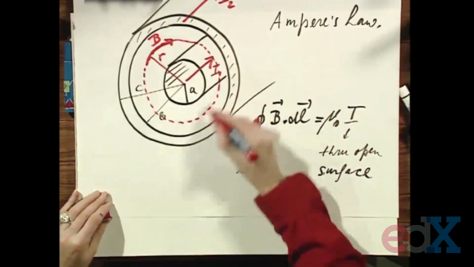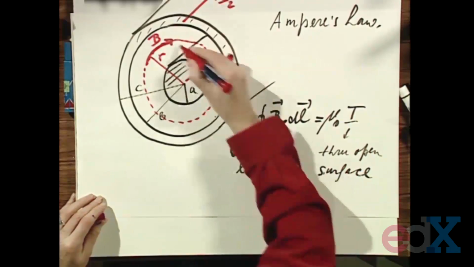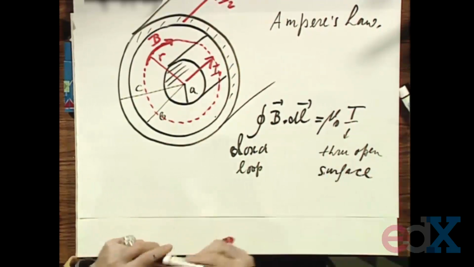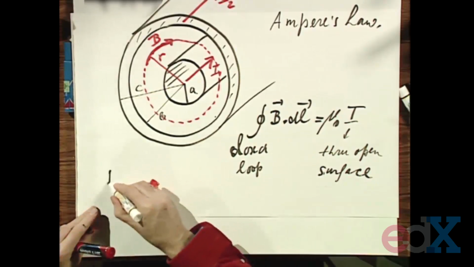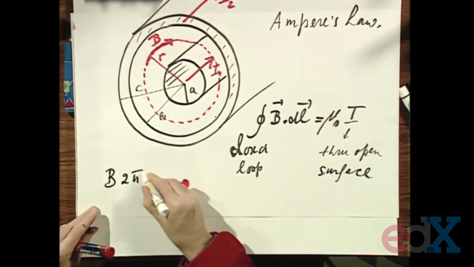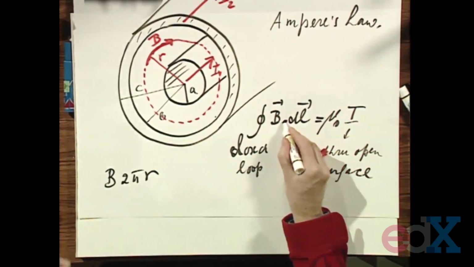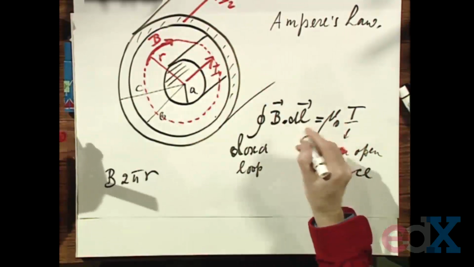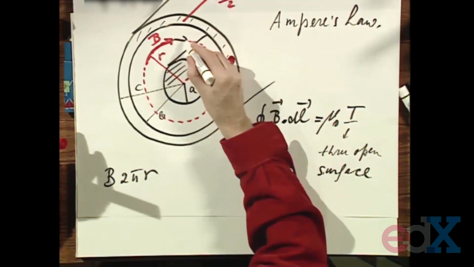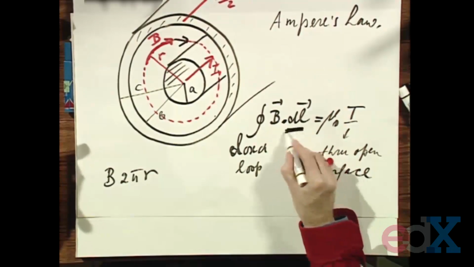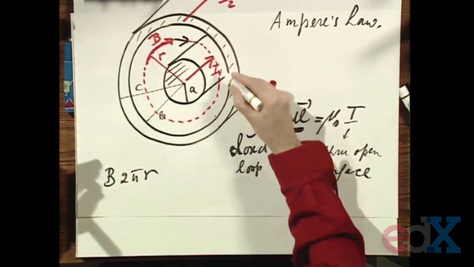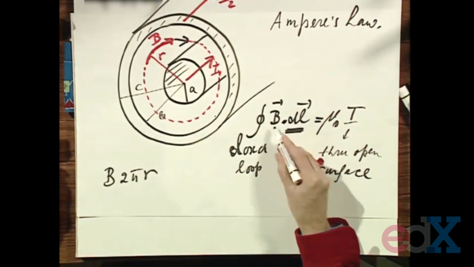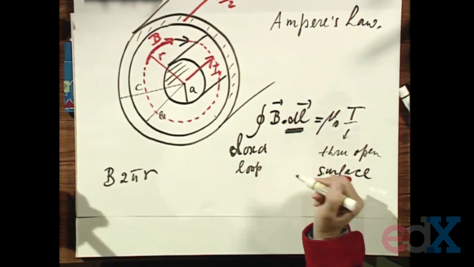I know it's everywhere the same because the distance r is the same to this circle. So I can write down immediately that B times 2 pi r, I don't have to worry about the dot product because B and dl are in the same direction. dl is not in the direction of the current, by the way. dl is along this line in Ampere's law. So they're in the same direction, so the cosine of the angle is 1.